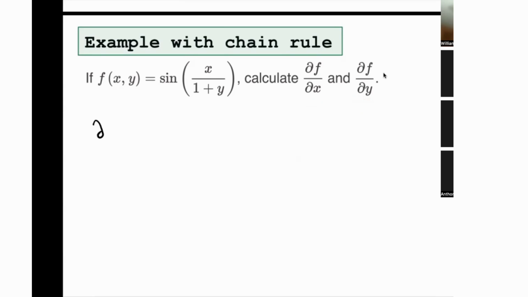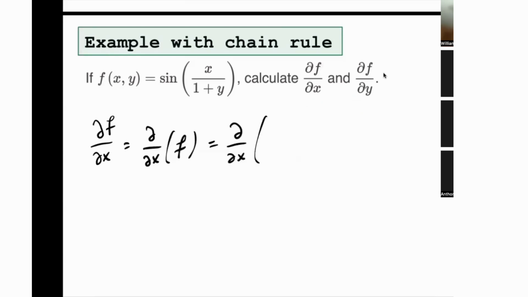So df dx, I'm thinking of this as an operator, d by dx applied to the function f. So that's d by dx of sine of x over 1 plus y.